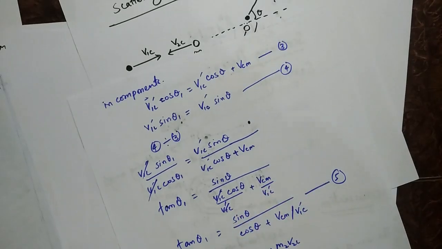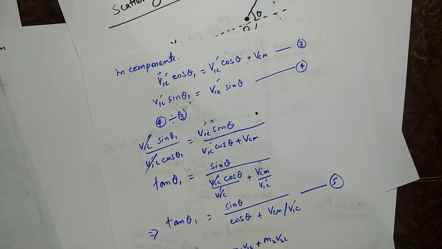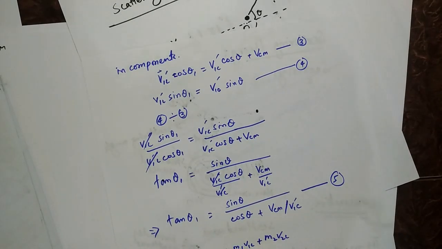So the momentum of the center of mass is equal to the momentum of the first particle plus momentum of the second particle.